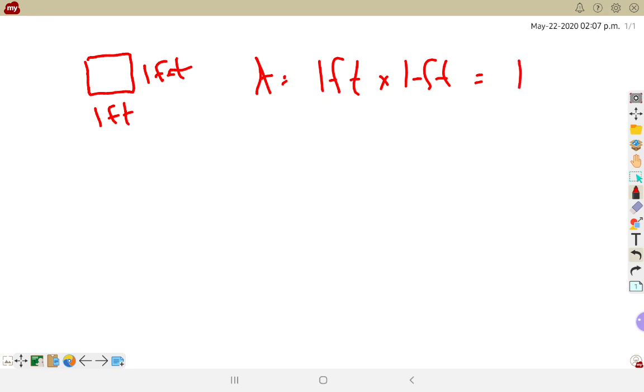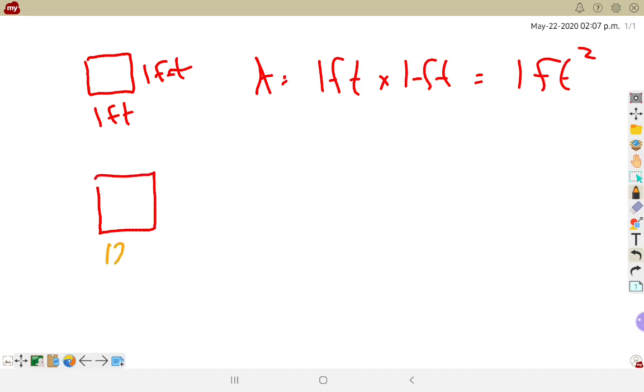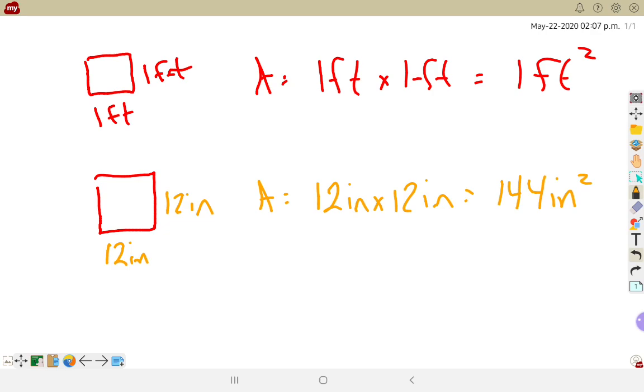Okay, but if I was to change my measurement, and instead of thinking of it in feet, if I was to think of it as inches, that would be 1 foot is 12 inches. And so my area now is 12 inches times 12 inches, and that gives me 144 inches squared. Okay, so I don't have that conversion where 1 foot squared is 12 inches squared. 1 foot squared is 144 inches squared. Those two are equivalent to one another.